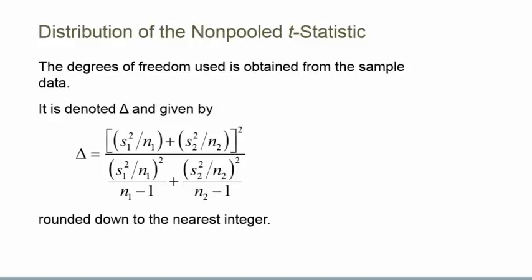It is denoted delta and given by delta equals, in the numerator, open parenthesis, s sub 1 squared divided by n sub 1 plus s sub 2 squared divided by n sub 2, close parenthesis, squared, all over, in the denominator, first fraction is s sub 1 squared divided by n sub 1, all of that squared, divided by n sub 1 minus 1, plus the second fraction, s sub 2 squared divided by n sub 2, all of that squared, divided by n sub 2 minus 1, rounded down to the nearest integer.